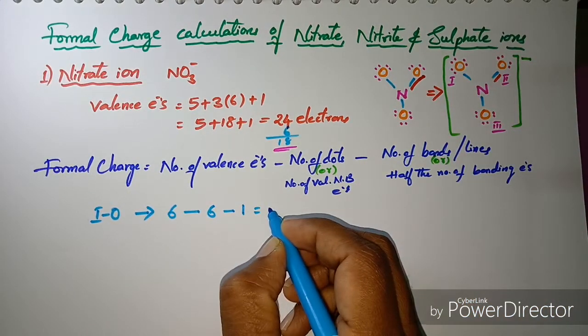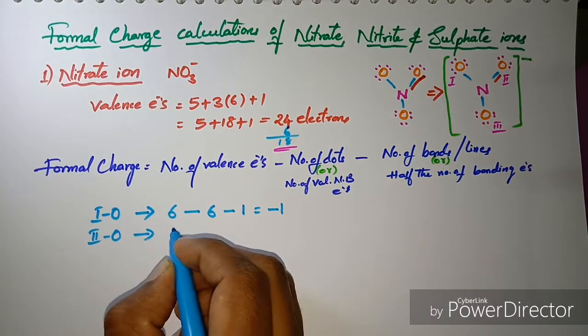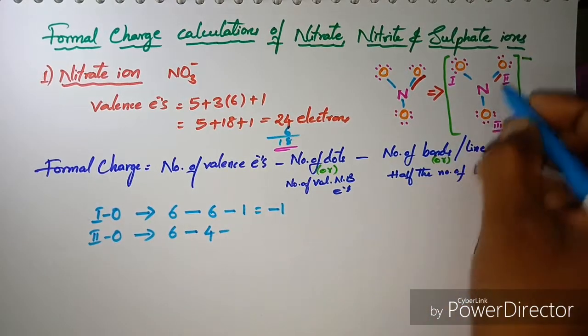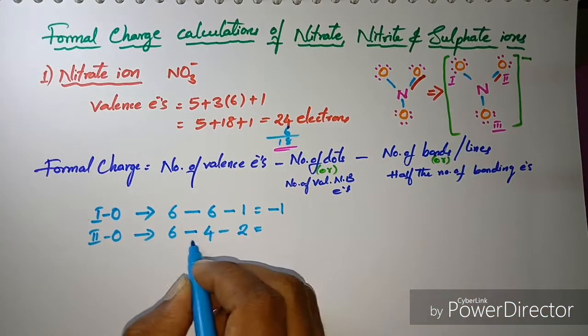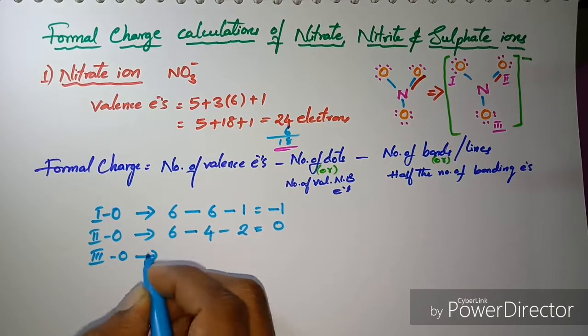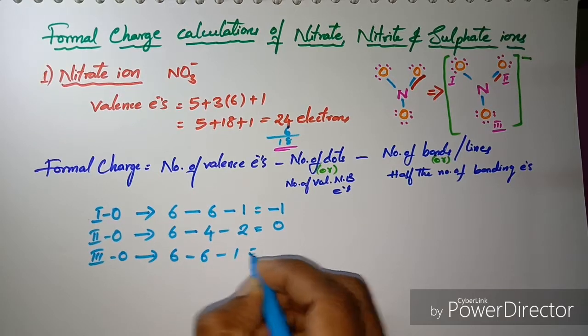So it comes to minus 1 charge. Similarly, for the second oxygen atom, valence electrons are 6, number of dots are 4, and number of bonds are 2. So this becomes 0. And the third oxygen atom is similar to the first oxygen atom, so it comes to minus 1.